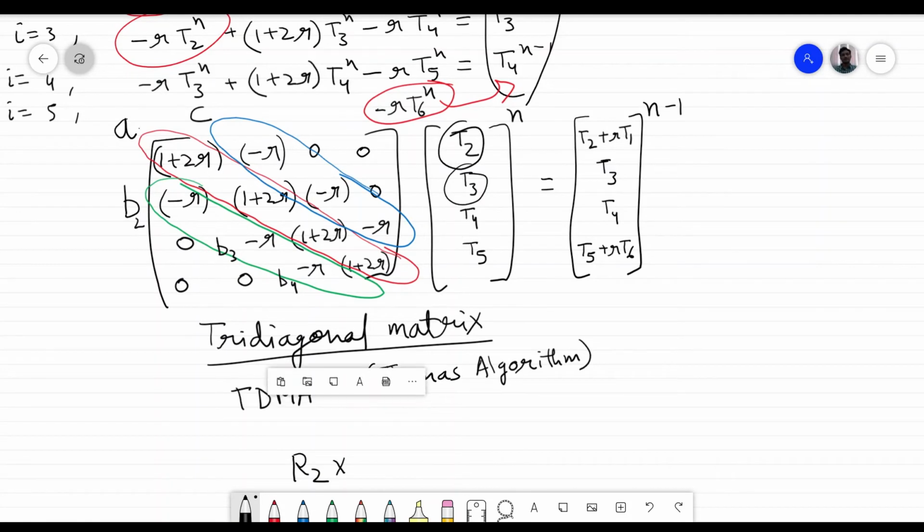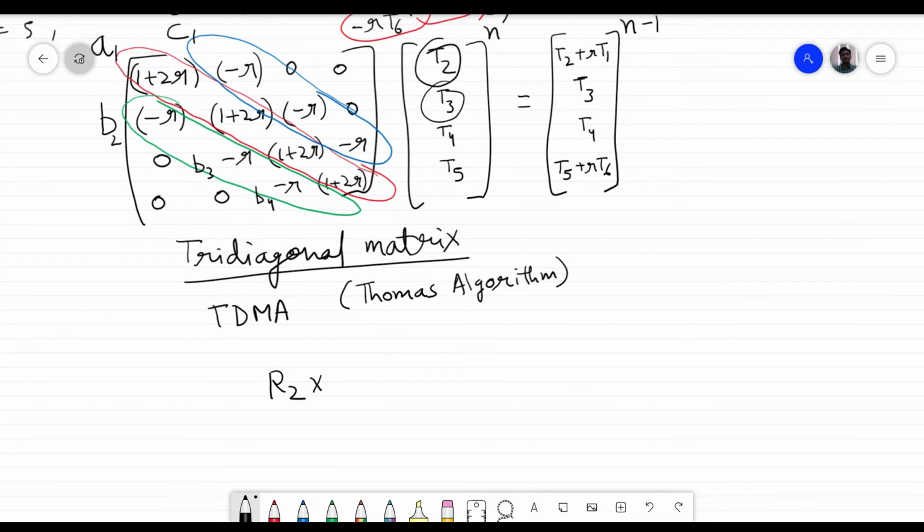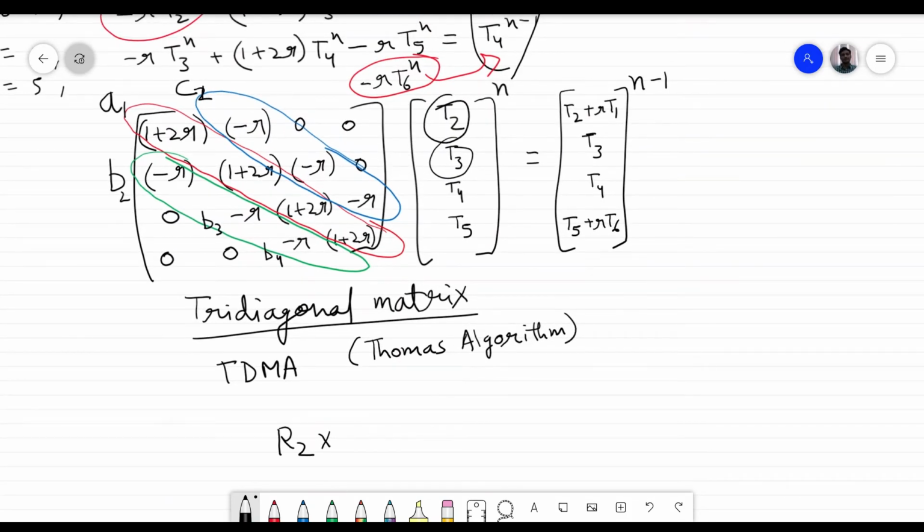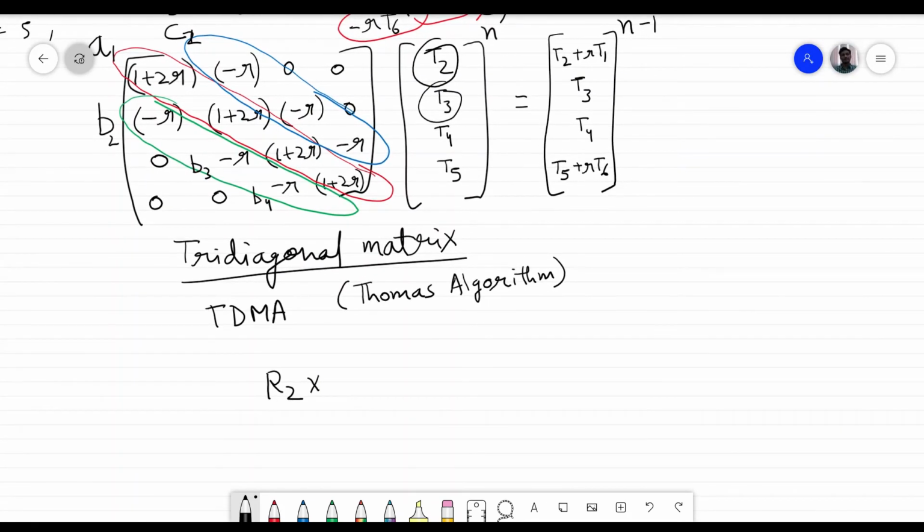A goes from A1, A2, A3, A4. C goes from C1, C2 and C3, okay, or you can give C2, C3 and C4, doesn't matter here.